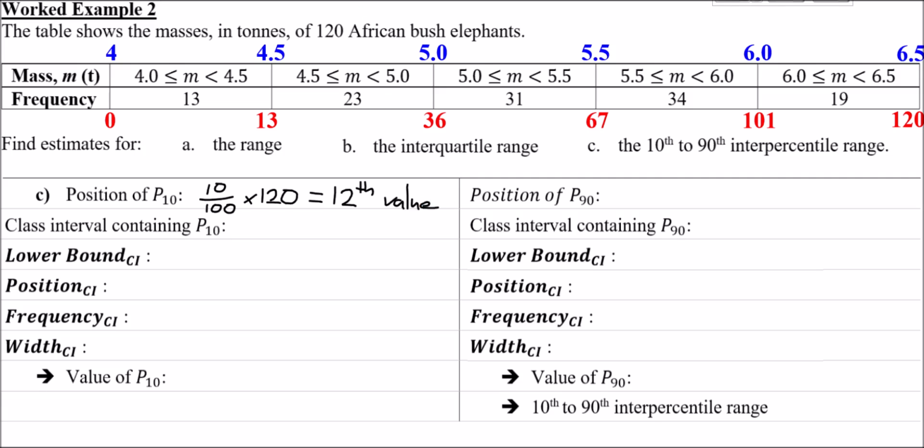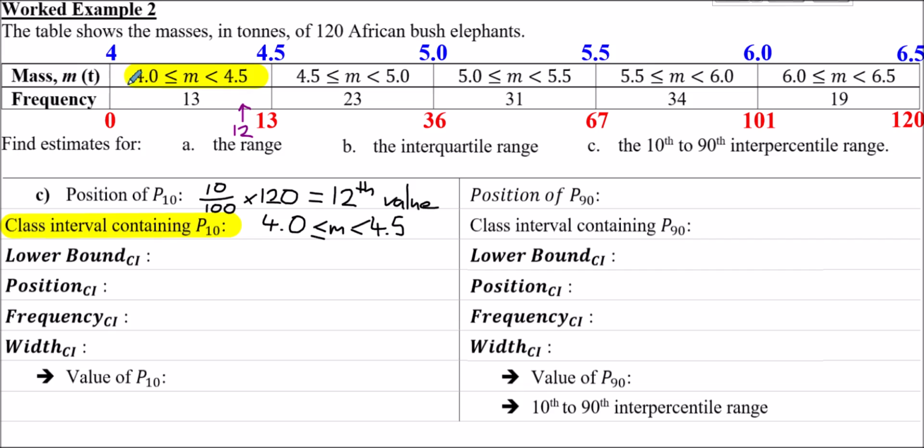So the 12th value is somewhere between 0 and 13, so it might be about here, let's say. And because of that, we can see already that the class interval containing P10 must be this one here, from 4 to 4.5. So we can label this in our notes. From 4 to 4.5 is the class interval containing P10.